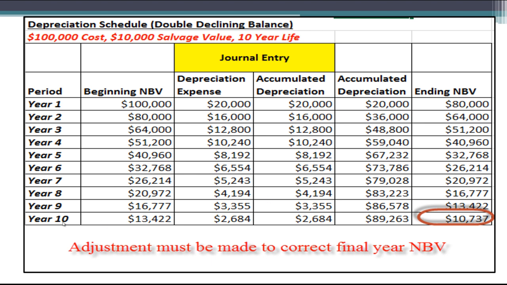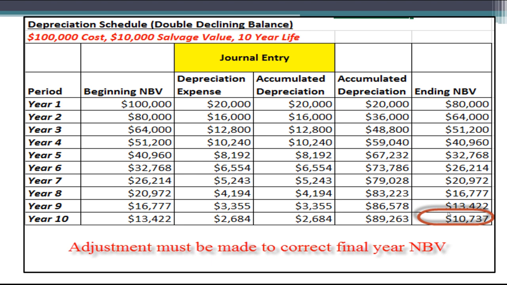But notice at year 10, if we just did the calculation, it only drops us down to $10,737. Now, depending on whether we're selling that asset right away, we might just go ahead and record a gain or loss, which we'll see in the later slides. But generally speaking, you would want to adjust this to exactly get you to $10,000 salvage value.